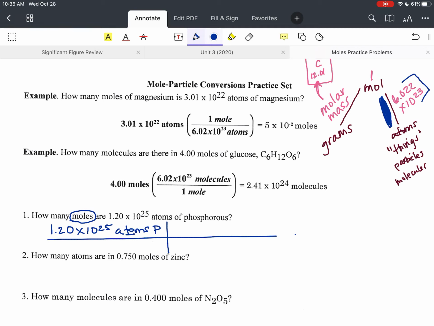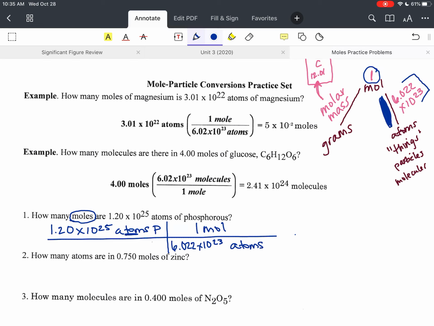Because I have atoms up here on the top, I know that I'm going to have atoms down here on the bottom. And remember, I'm converting it to moles, and it's always 1 mole on the top. Always 1 mole. Okay, so the number that goes in front of atoms is going to be the 6.022 times 10 to the 23rd.